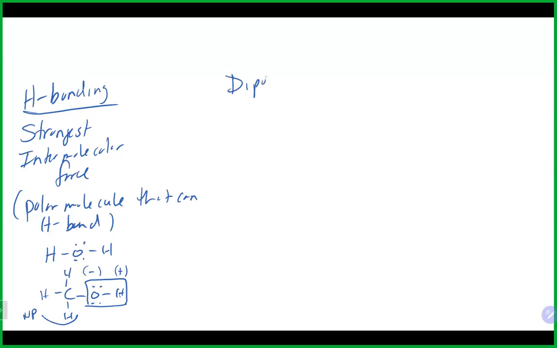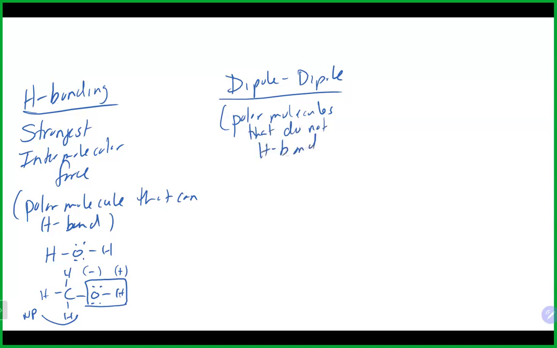Dipole-dipole is also really a strong intermolecular force. It is those polar molecules that do not hydrogen bond. So these are the guys who are able to do that. We saw our SO2, right?